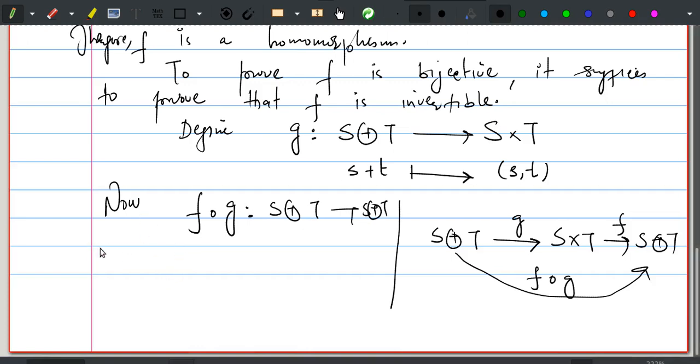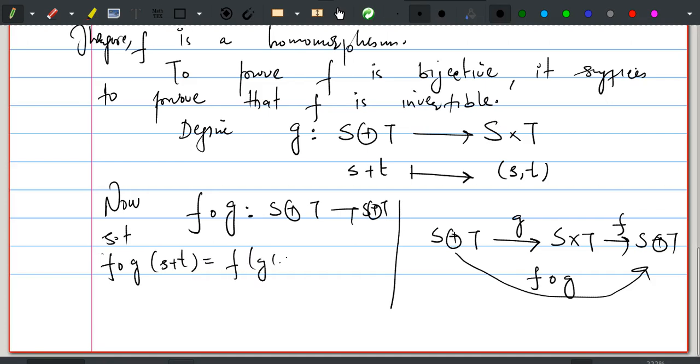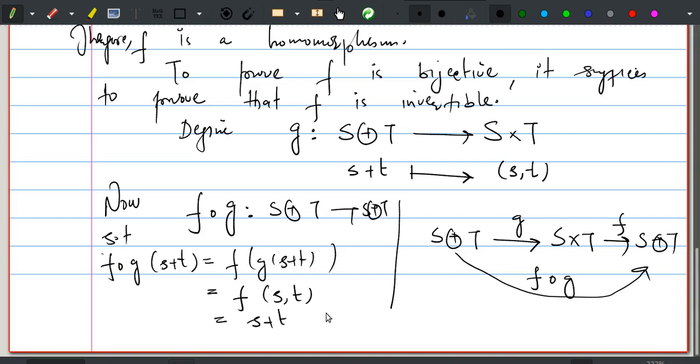So f of G of s plus t is the same as f of (s, t) by definition of G, and this is the same as s plus t by definition of F. So s plus t goes to s plus t.